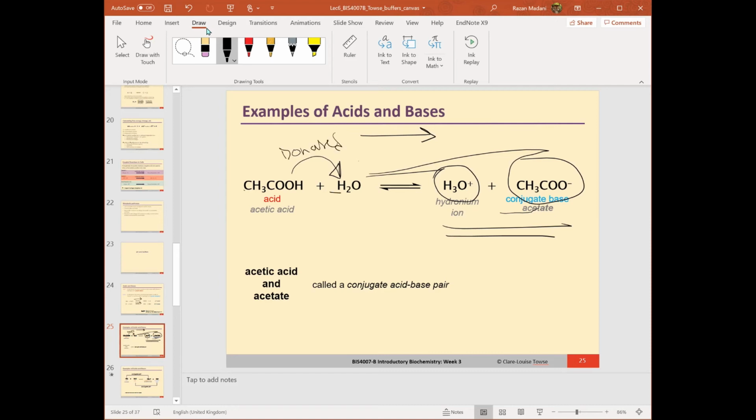How about this one? Acting as what? It's acting as a base because it's accepting. Yes, it's accepting. Now we're going to go backwards.